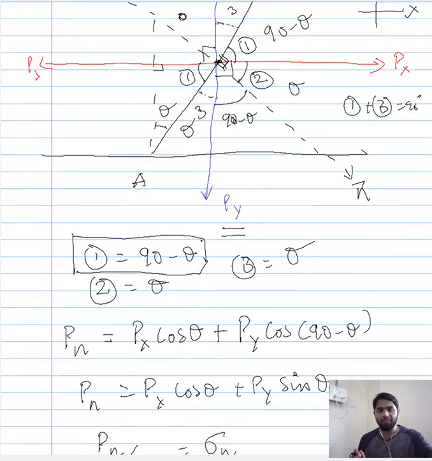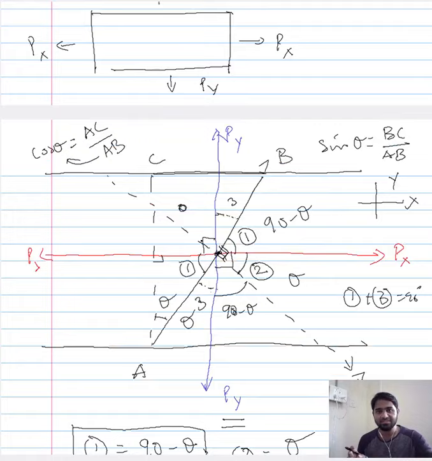So we have now found the angular relationship between the direction along which the load is acting and our desired direction. For the x-axis the angle is 90 minus theta, for the y-axis the angle is theta.